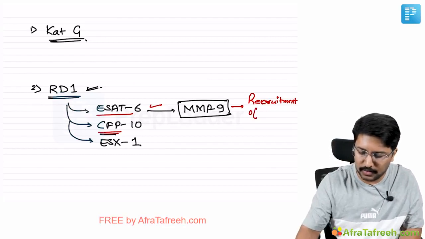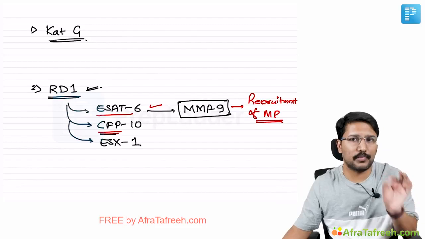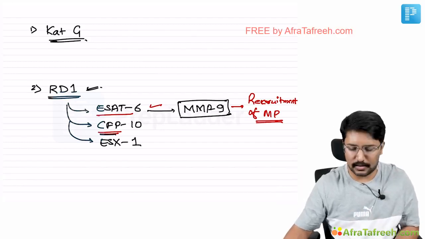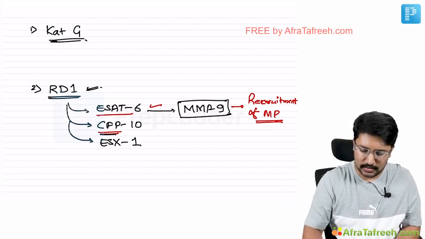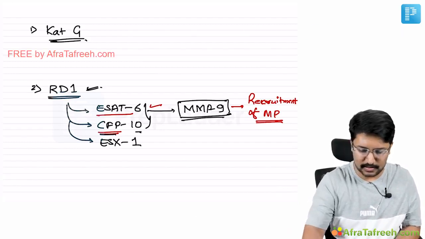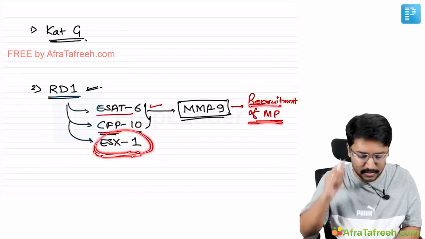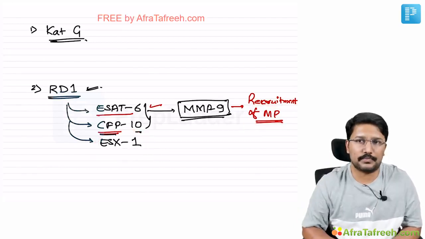So recruitment of other macrophages, so that a second crop of infection can start from the primarily infected cell, right? So ESAT6 and CFP10 are important for this purpose, and the secretion of ESAT6 and CFP10 is done by this secretory system called ESX1.